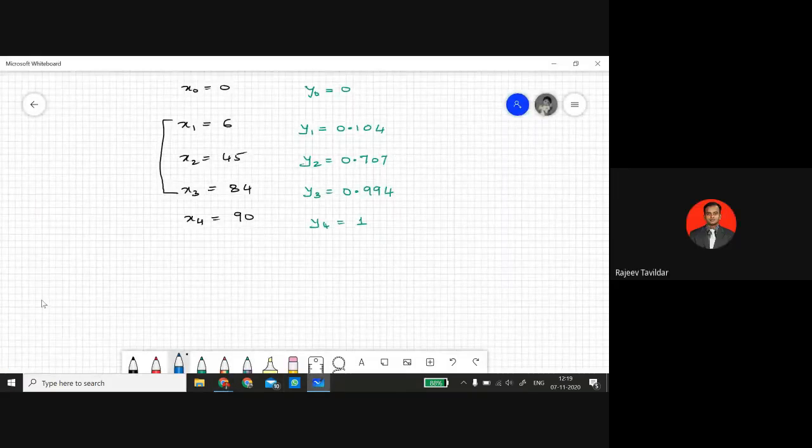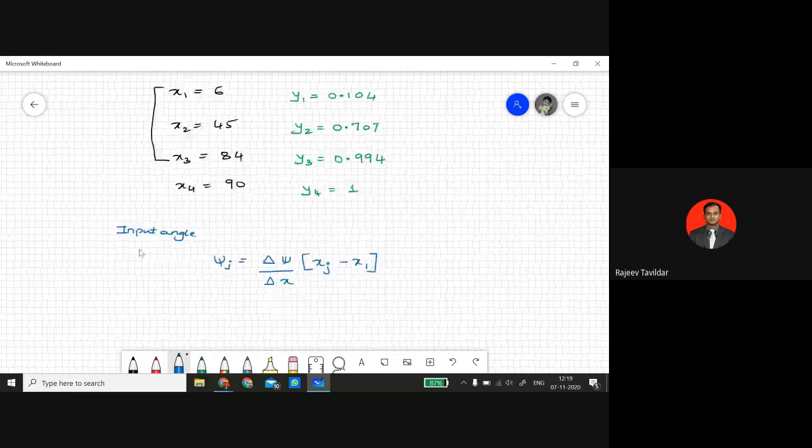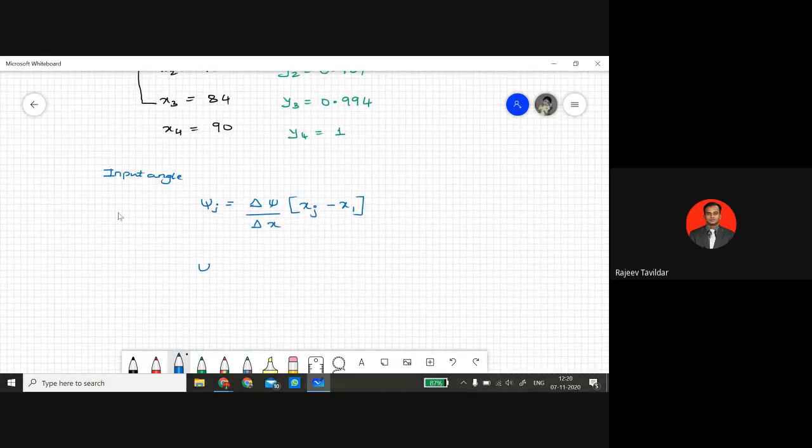So I'll proceed to the next step now. Once we get the precision points, then I can find out the precision input angles. So we have the equation psi j will be delta psi divided by delta x, times (xj minus x1). So you can find out psi 2 by replacing xj by x2. You know delta psi, it is already given in the problem.